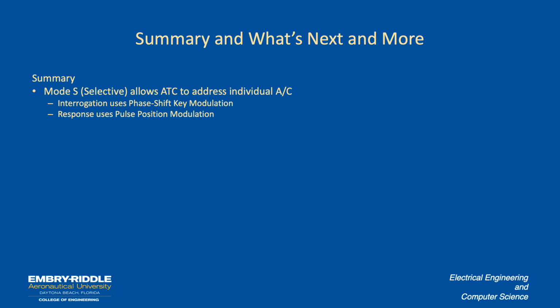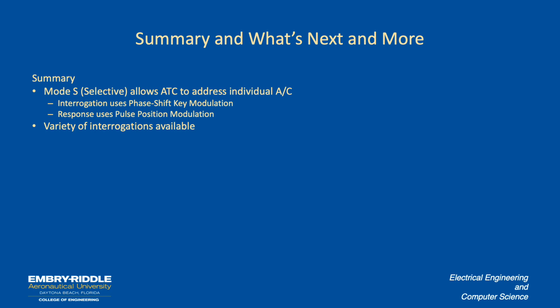Summary, we talked about Mode S or selective secondary surveillance radar, and that allows air traffic control to address individual aircraft. And so we saw the interrogation uses what's called phase shift keying. The response uses what's called pulse position modulation. We saw that there's a variety of interrogations that are available beyond just identity and altitude.